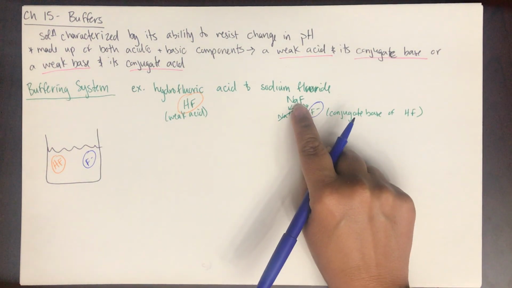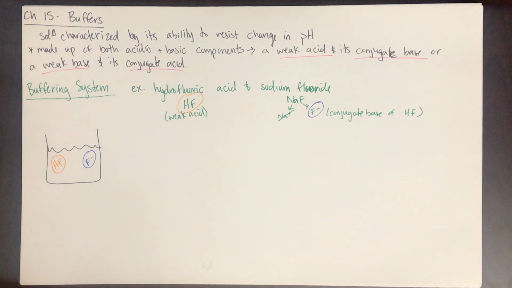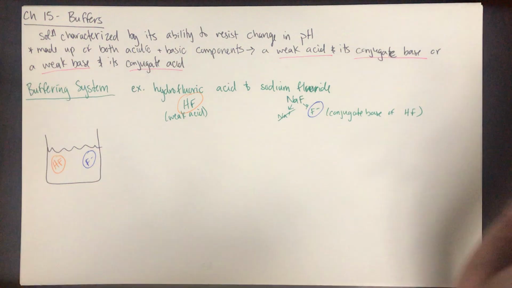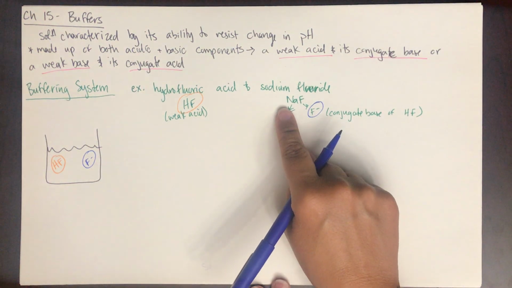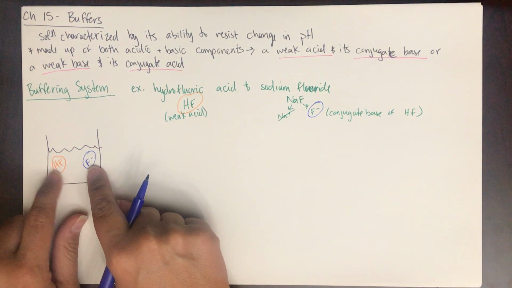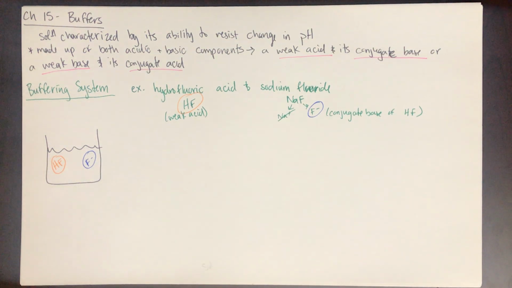I'm not including the sodium with the sodium fluoride because we know this salt is going to break apart into sodium and fluoride. The sodium does not affect the pH, so I'm just showing what is actually going to be reacting to affect the pH, which in this system is the hydrofluoric acid and then the fluoride ion.